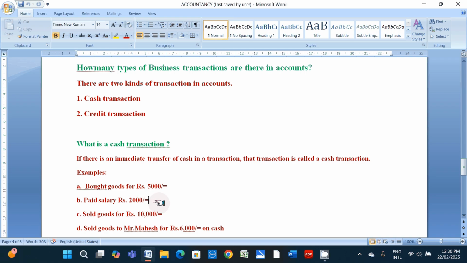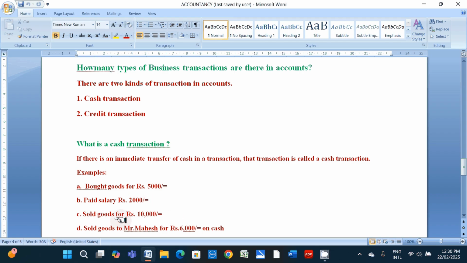Paid salary rupees 2,000. Here salary is the service, a nominal account. The service we received, for that we are paying the cash. Here there is a transfer of cash in the transaction, so it is called a cash transaction.